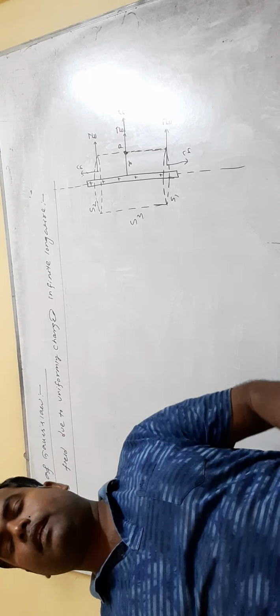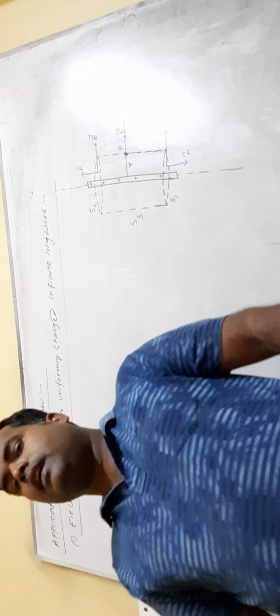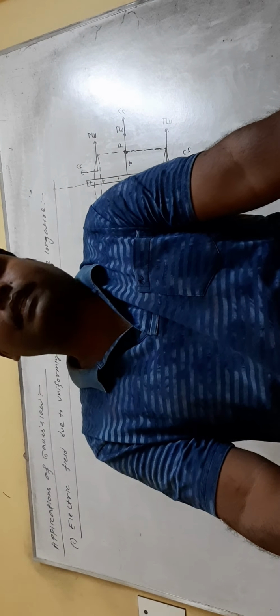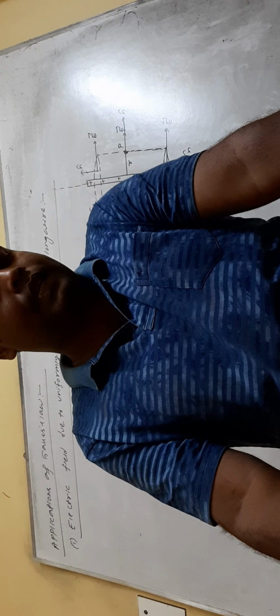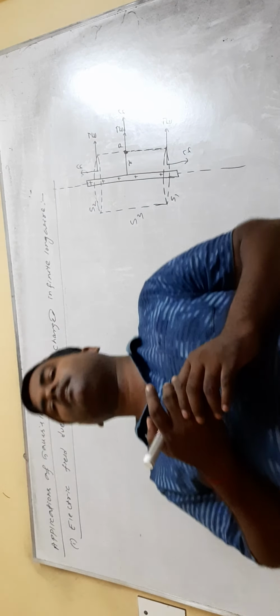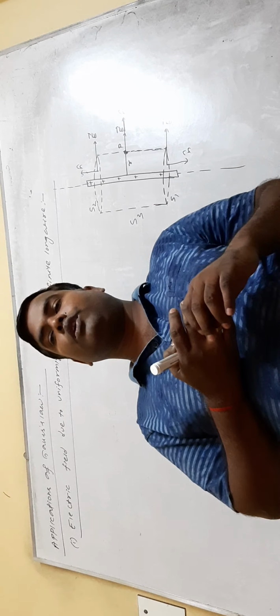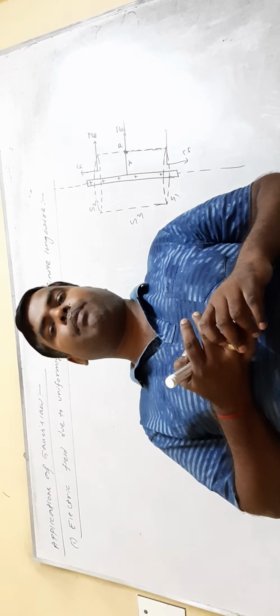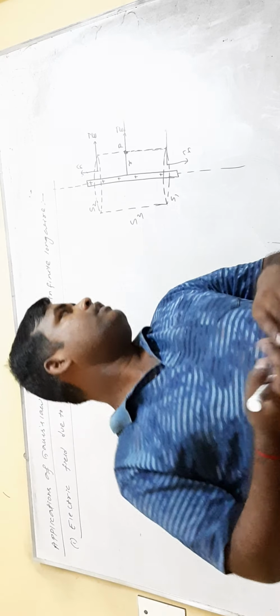The applications of Gauss law are very important. You remember the first application. We have 3 applications in our syllabus. So the first application is the electric field due to a uniformly charged infinite long wire.